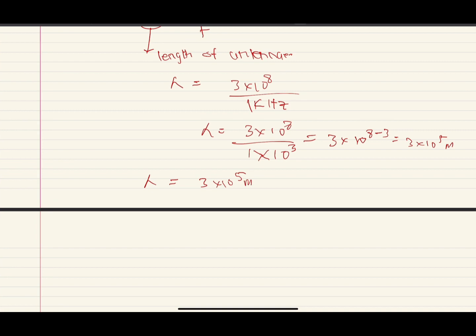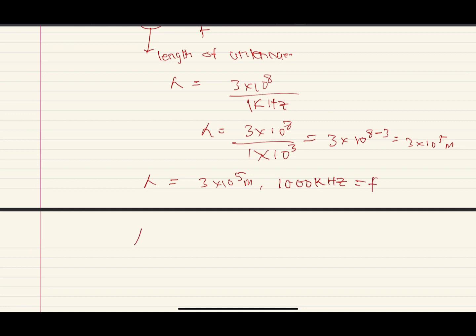So because of this, when you do modulation, the carrier is going to have a very high frequency, let's say 1,000 kilohertz. That's the frequency of your carrier.